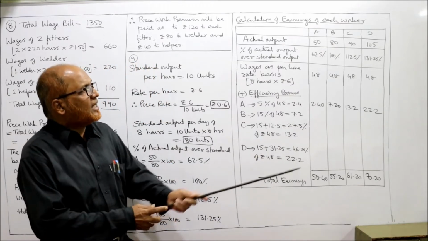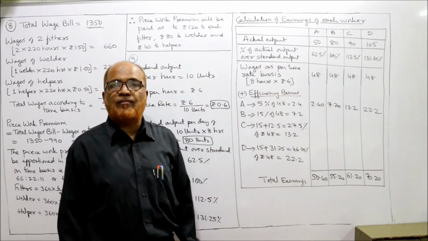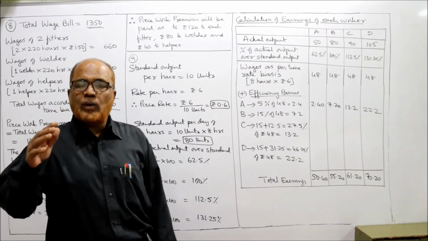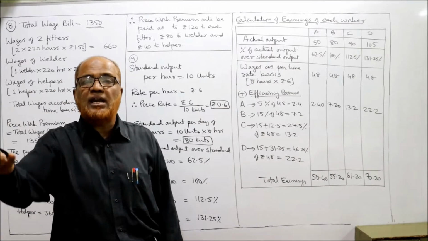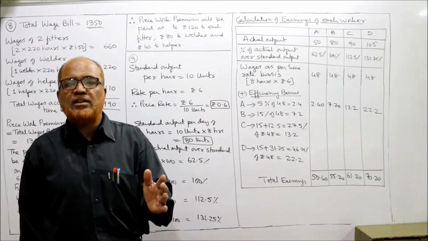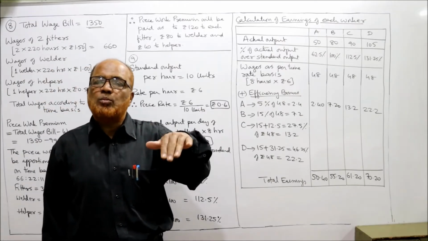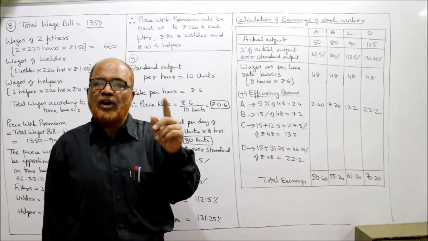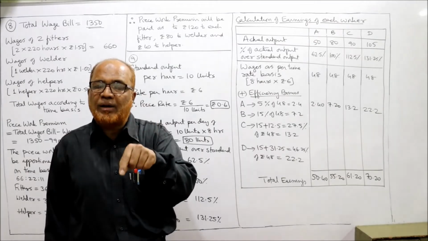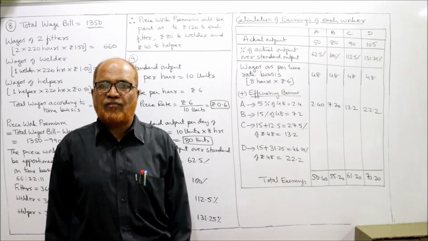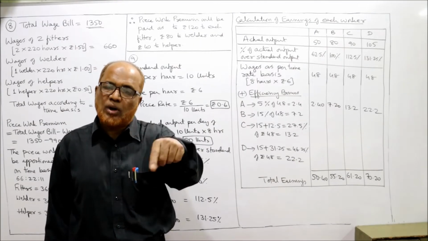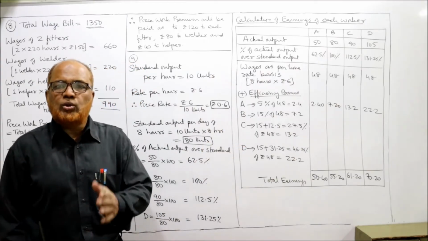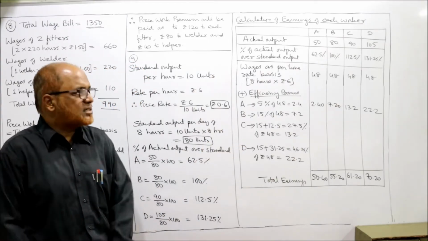Now C. C has produced 112.5%, which means more than 100%. It is given in the problem that if a worker has produced more than 100%, for every 1% increase, the bonus will also increase by 1%.